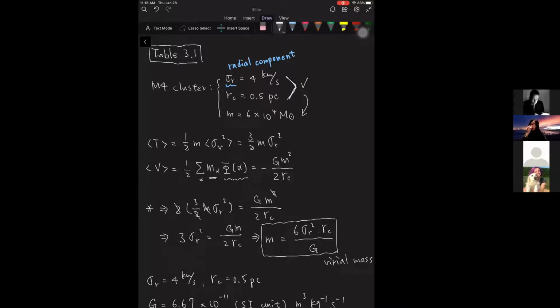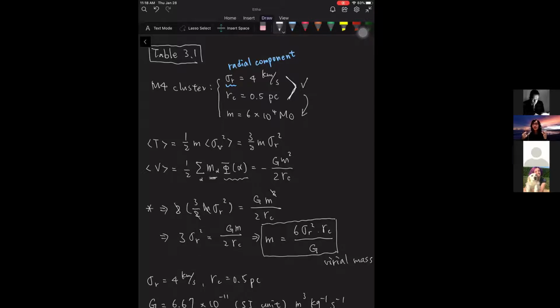And what we can also do is derive the virial mass of that object, and compare the mass and the virial mass, to see if this object is gravitationally bound. So this is usually adopted in interstellar medium observations, because for example, for a star cluster, if we already know it's a star cluster, then of course it's gravitationally bound, right?